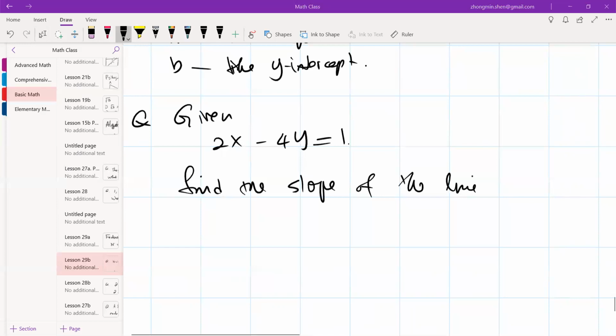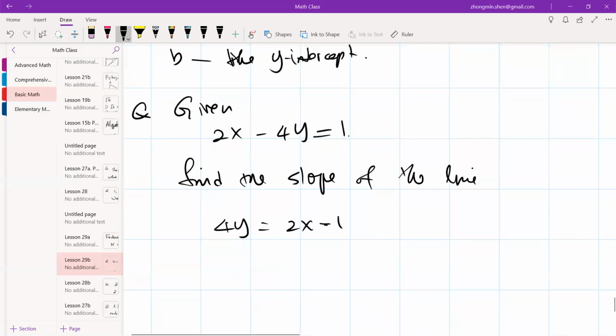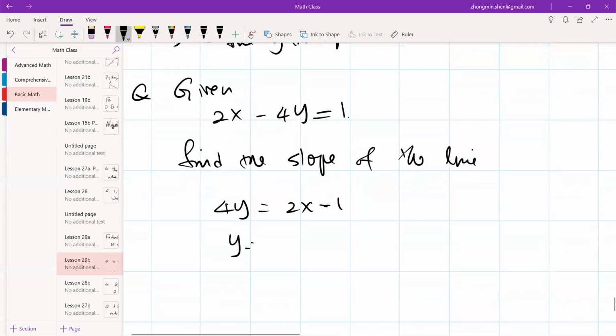First of all, you rewrite this equation. You get 4y equals 2x minus 1, and then you divide by 4: 2 over 4 x minus 1/4, which is 1/2 x minus 1/4.